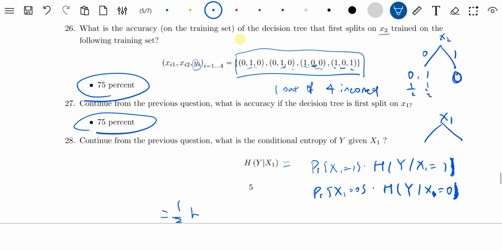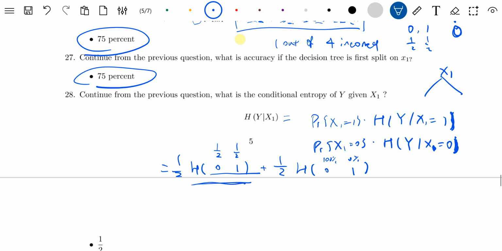So it's half times the entropy of, given x1 is 1, half of the y is 0, half of the y is 1. So this is basically the entropy of a random variable that's half 0 and half 1. And then you add half times the entropy of another random variable. This is both 0. So 100% 0, 0% 1.